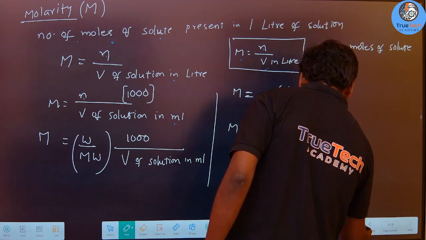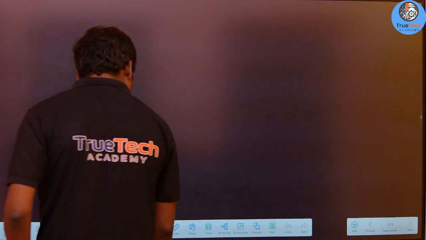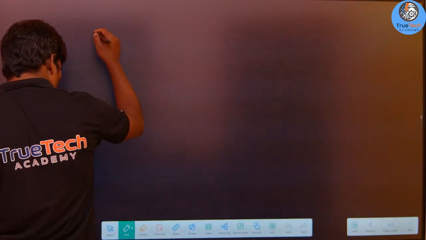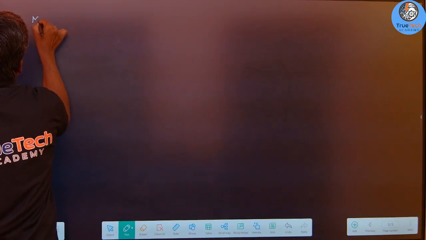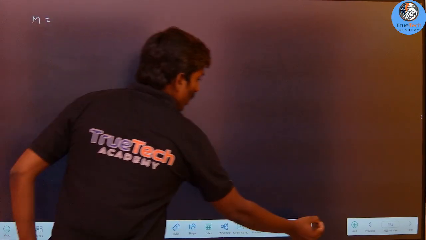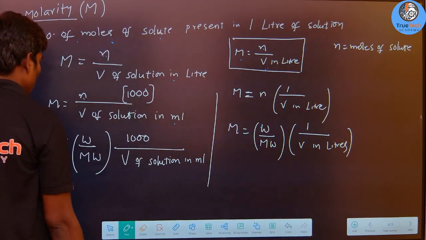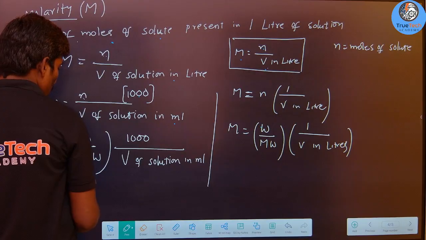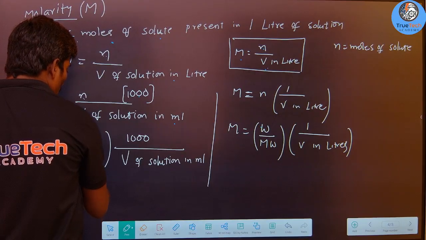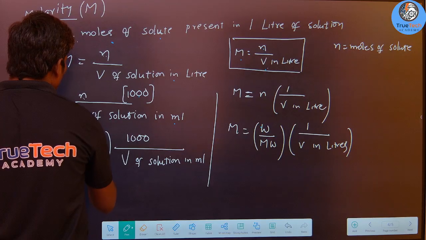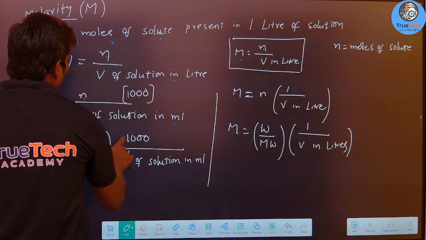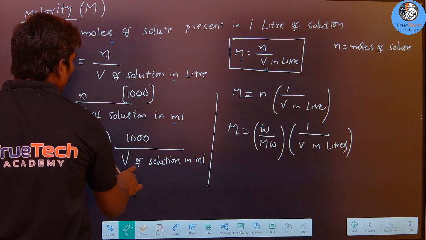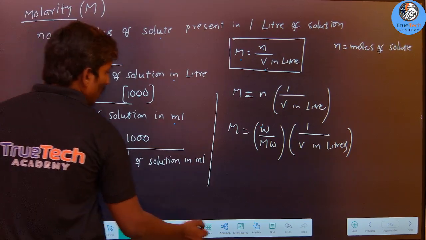Next slide I am going. If you observe molarity from the previous slide, if you observe this term, weight into 1000 by volume of solution in ml, this is similar to what?